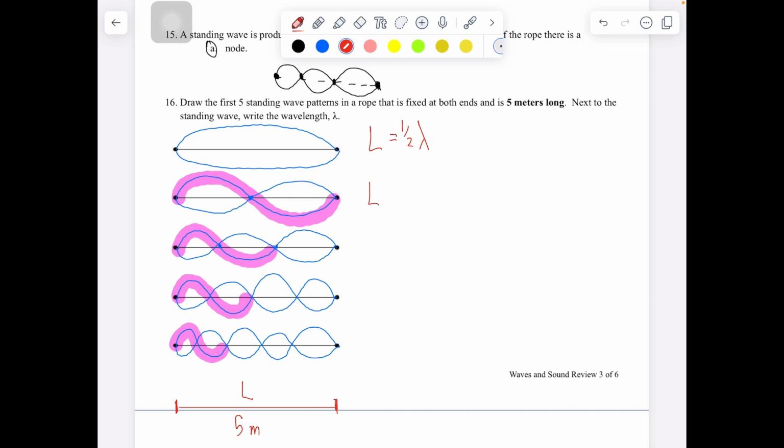For our second pattern, we have 1 wavelength. For our third pattern, this is going to be 1.5 wavelengths, or 3/2 a wavelength. For our fourth pattern, this is 2 wavelengths, and for our fifth pattern, this is going to be 2.5 wavelengths, or 5/2.